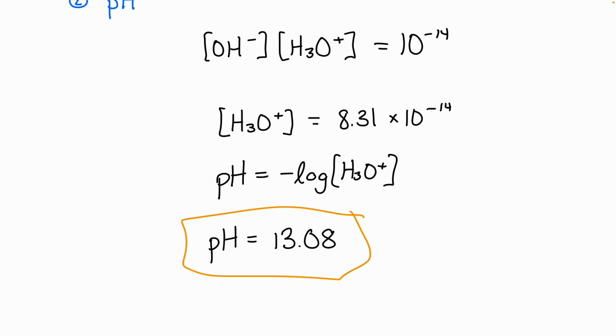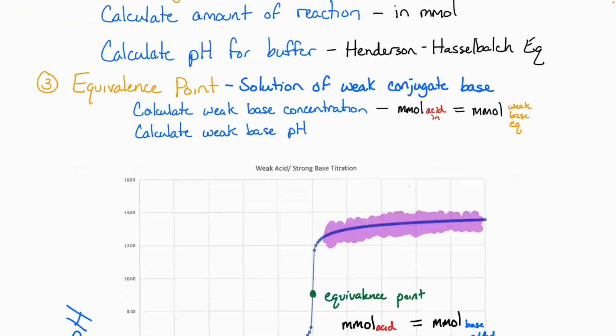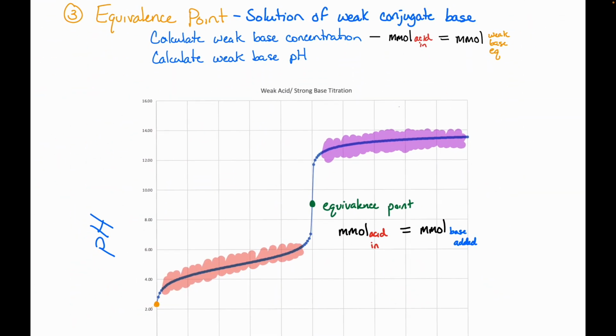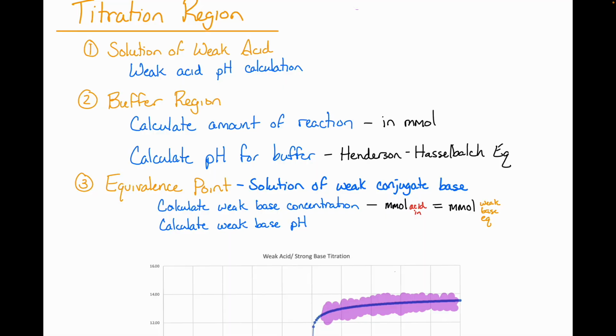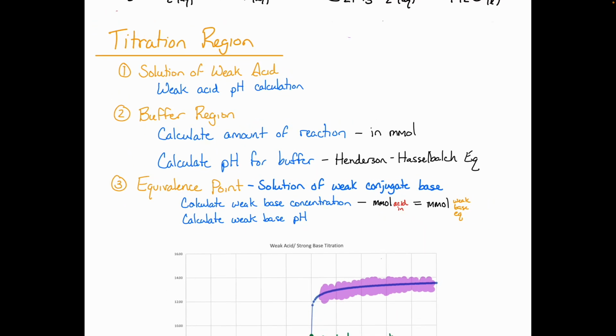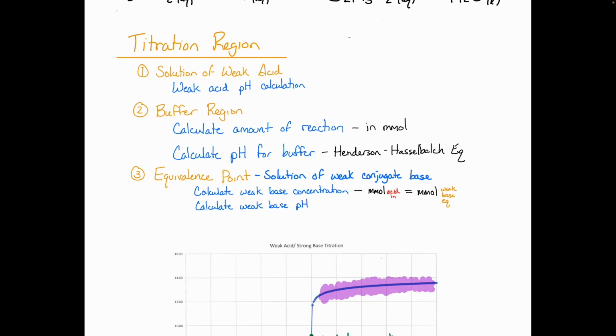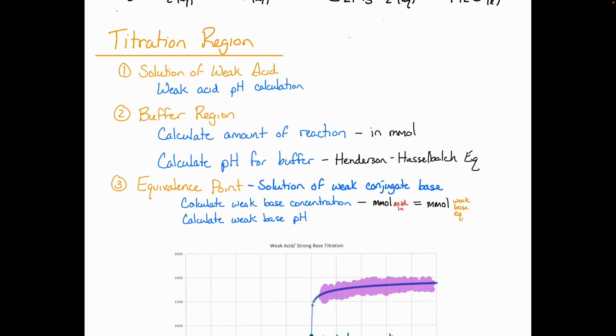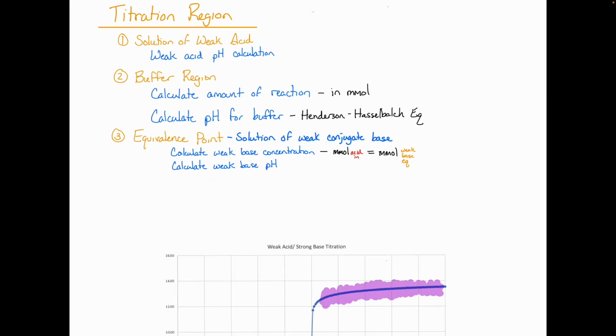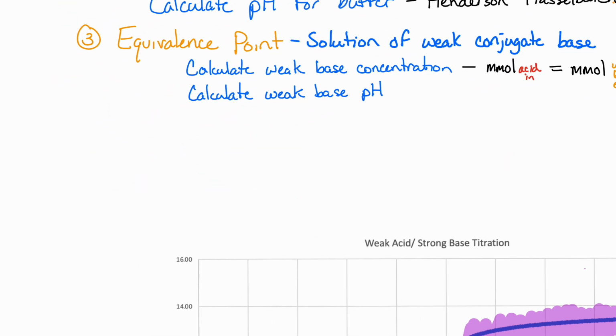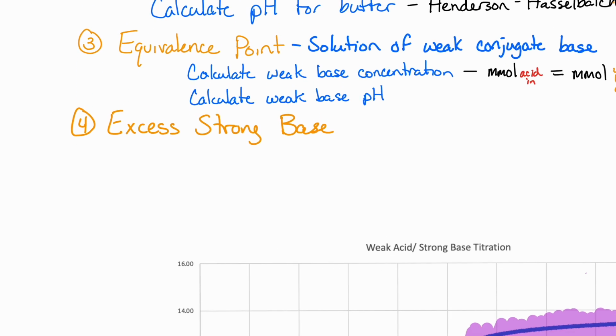All right, cool. So last region we have here, now we have excess of strong base. So at the end we're gonna get a mixture of weak base and strong base, but we're gonna ignore the weak. All right, let me make some room. So we still have to calculate how much of our reaction has occurred.